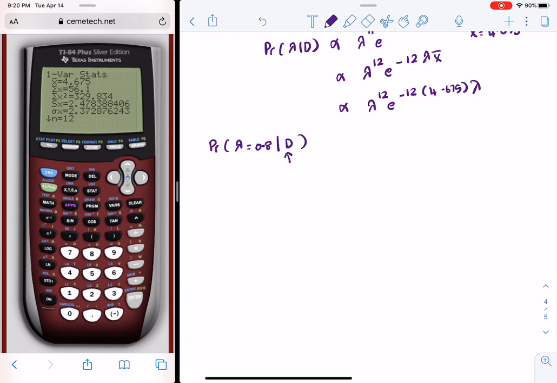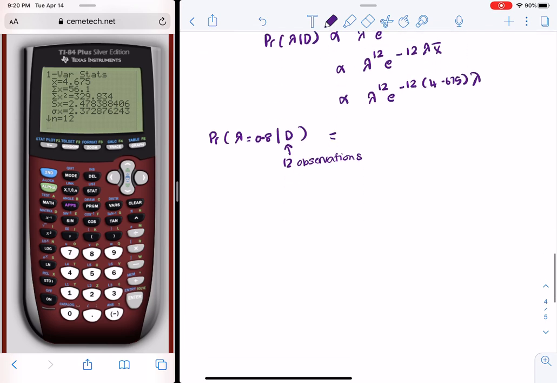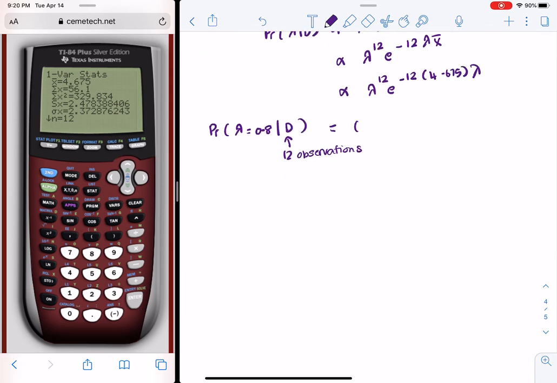So we have the 12 observations. What are the chances that lambda would be 0.8? Well, let's plug in the value and see what we get. So 0.8 raised 12, e raised negative 12, 4.675 times 12.